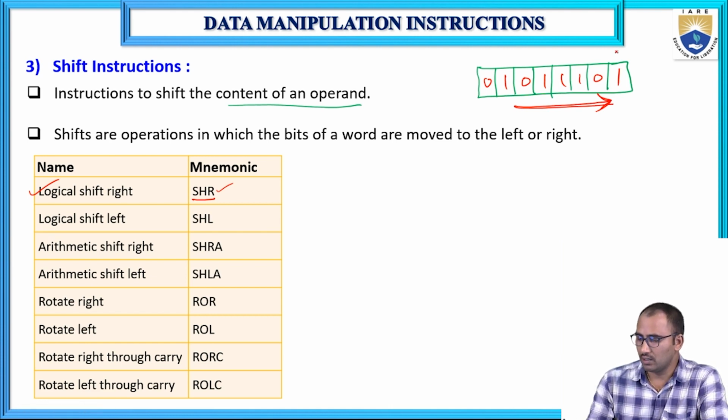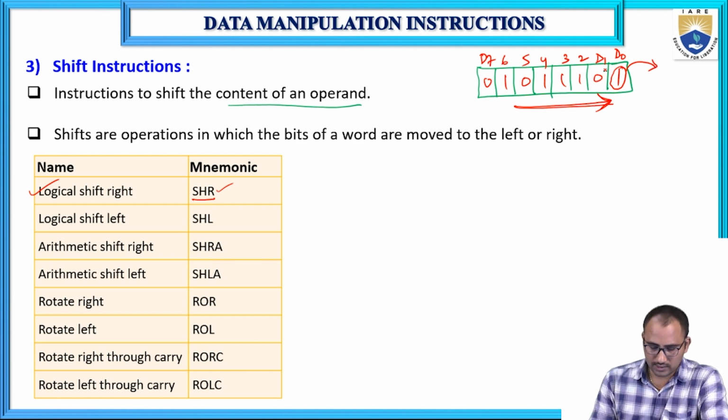These are D0, D1, D2, D3, D4, D5, D6, D7, the bit positions. When you perform a one-bit shift right operation, the D0 position data will move out of the register.